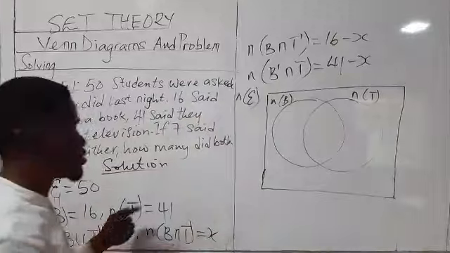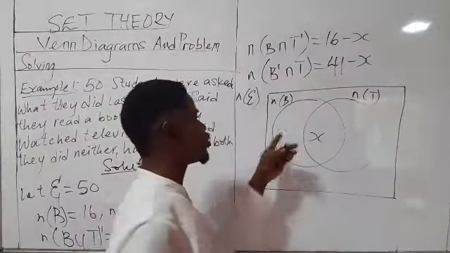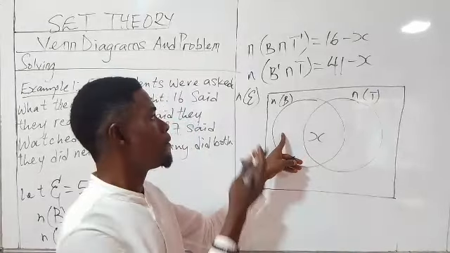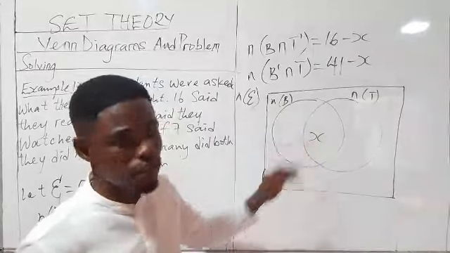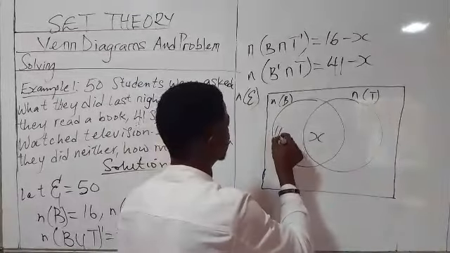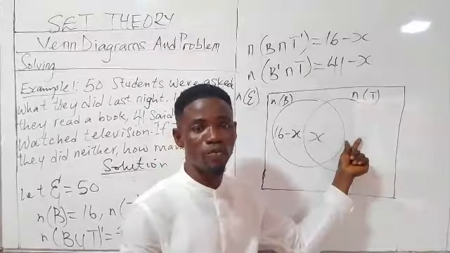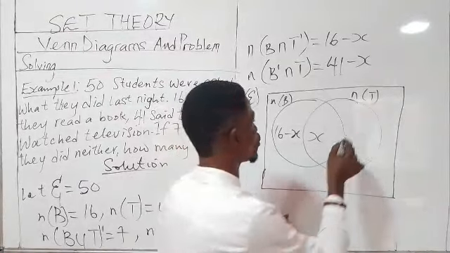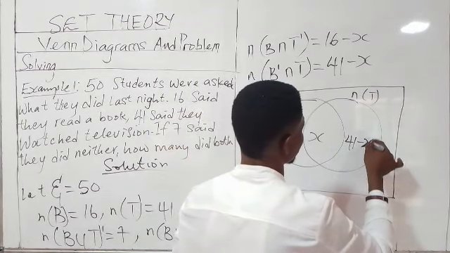Okay? Now, the number of the students who did both, we are going to put here. And the number of the students who read book only is going to be 16 minus X. And the number of the students who watch television only is going to be 41 minus X.